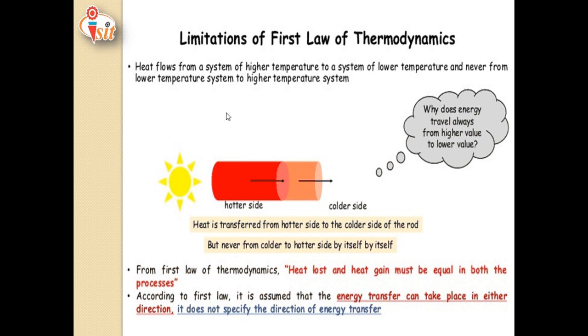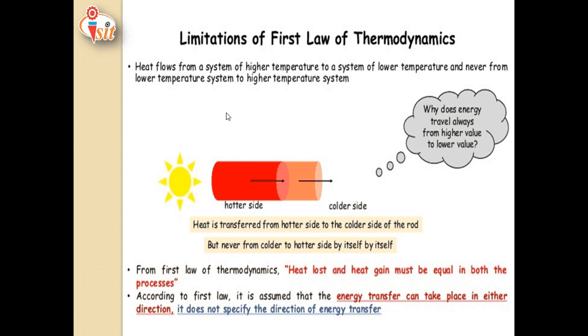Limitations of the first law of thermodynamics, which is related to refrigeration also. Heat flows from a system of higher temperature to a system of lower temperature, and never from lower temperature to higher temperature. This is the direction of heat flow. If heat has to flow from lower temperature to higher temperature, then an external agency must be used.